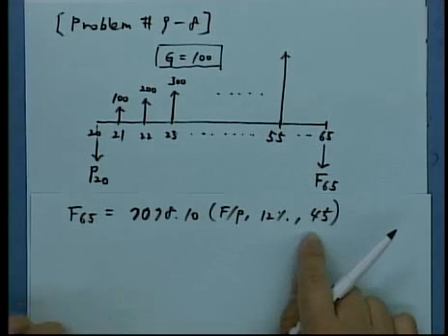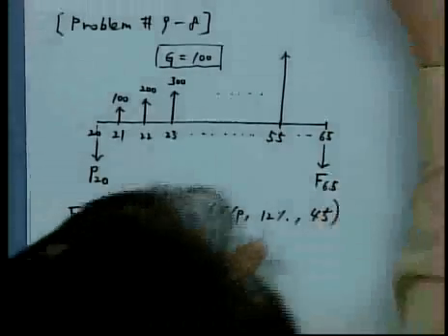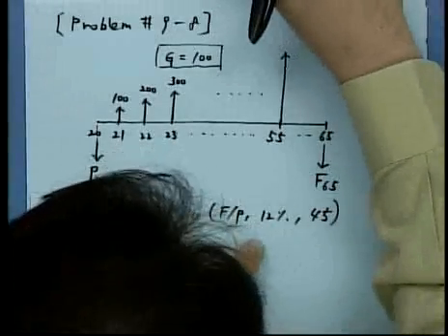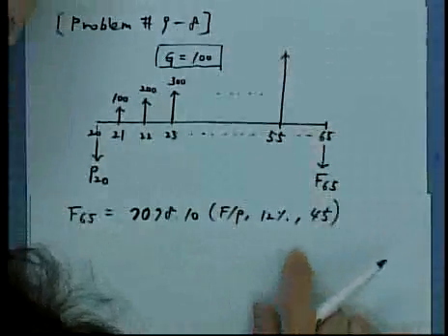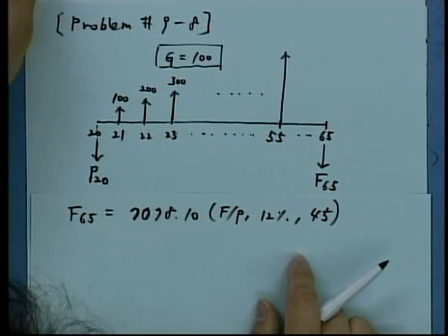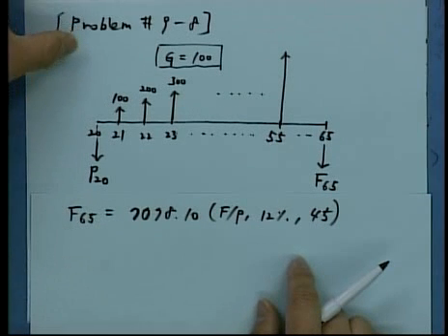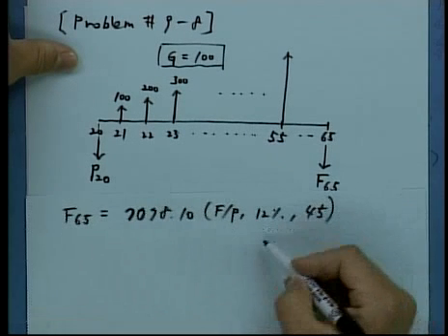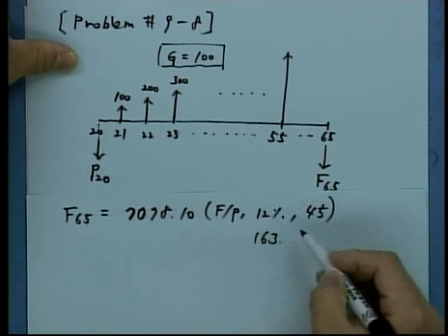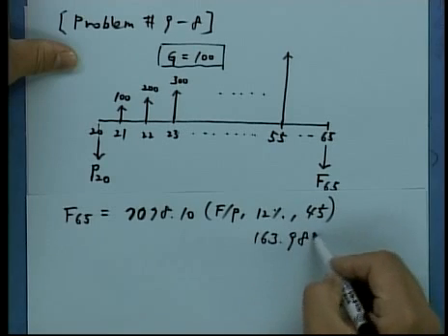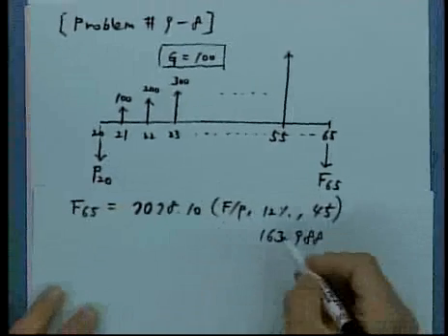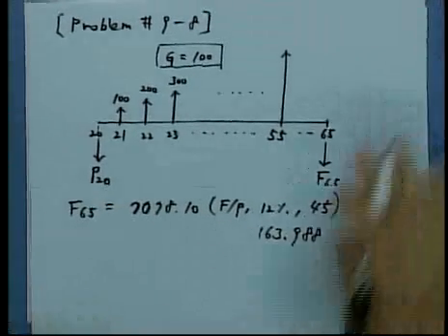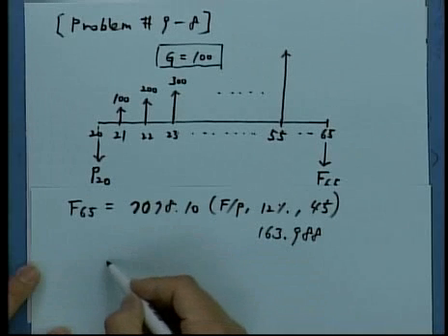Then what is this table value? 12% F given P over 45 periods is 163.988. Okay? So how much is this?